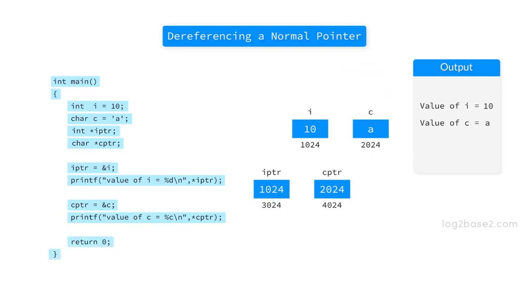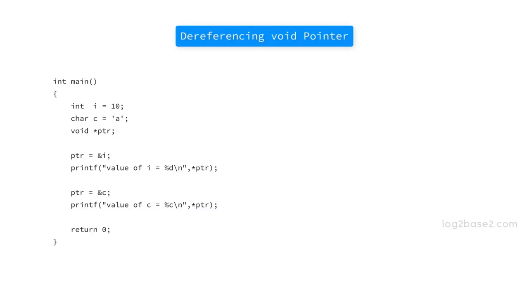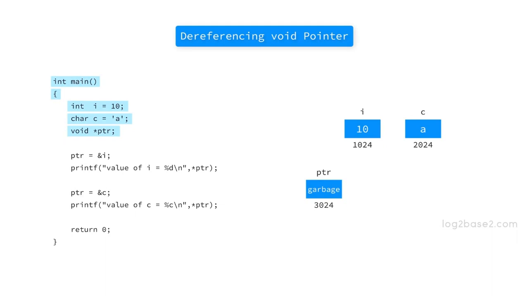Now, how do we dereference a void pointer? See this program, we have integer variable i equal to 10 and character variable c equal to 'a'. Next, we have a void pointer ptr and it is assigned the address of i. Now, we print the value at ptr, or *ptr, using the %d format specifier, and what will be the output? Will it be 10?